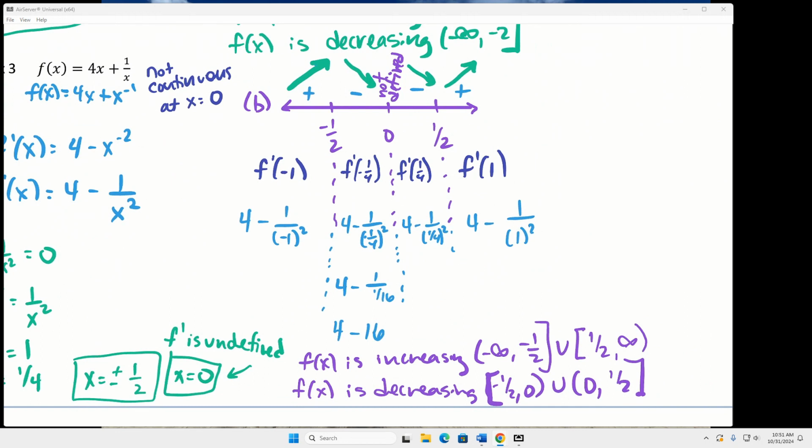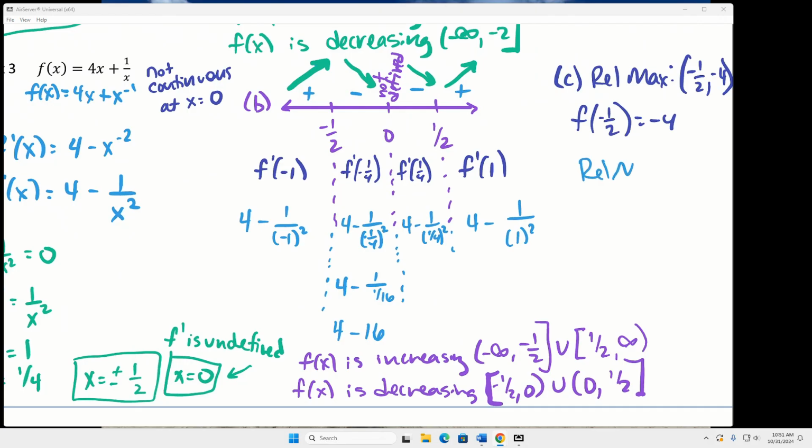Okay, and then I need my relative extrema. And just to save time, I'm just going to tell you, you get -4 when you plug in 1/2. We could go through the process if you wanted to. And then positive 1/2 is going to be 4.